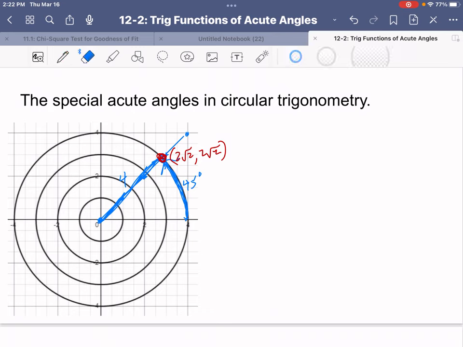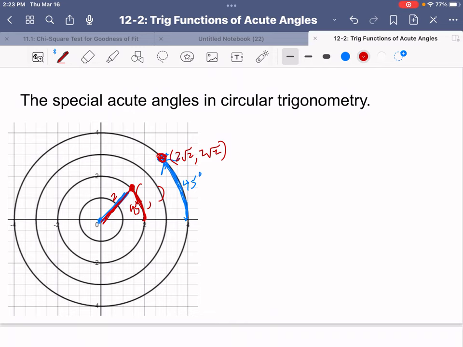So now, let me erase a little bit of this picture. Suppose I come to this circle that has a radius of 2. Well, I wonder what this ordered pair is at the end point of the circle with a radius of 2 with 45 degrees of rotation. See, that's 45 degrees as well.